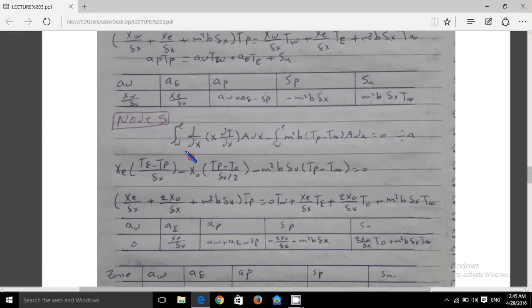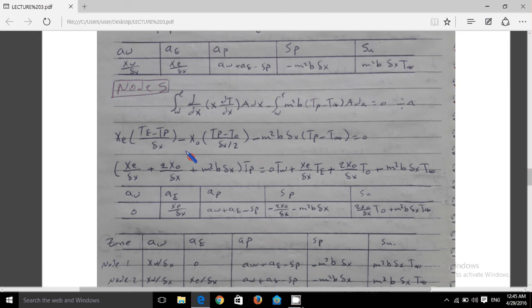The last node I have is node 5. Also I will integrate it from west to east, d over dx times dT over dx a dx, and by dividing it by the area I will have x east.